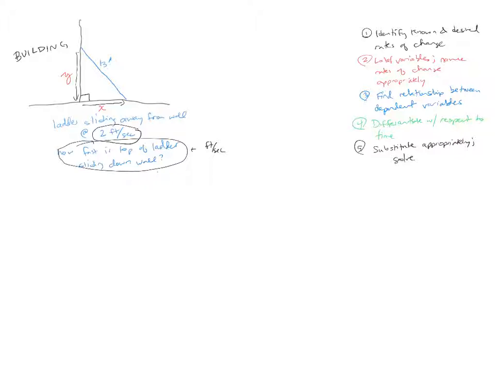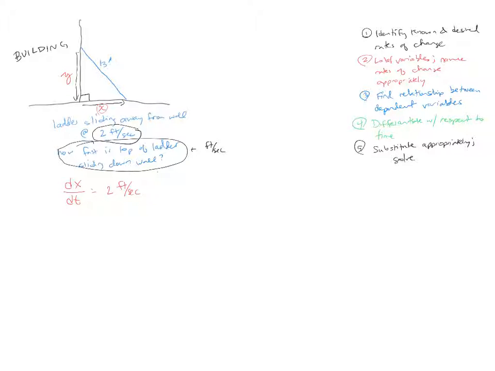And then name the rates of change appropriately. So since this ladder is sliding away from the wall at 2 feet per second, that's describing how quickly this x value right here is increasing per second. It's growing by 2 feet per second. So that would be a description of how fast the x is changing with respect to time.